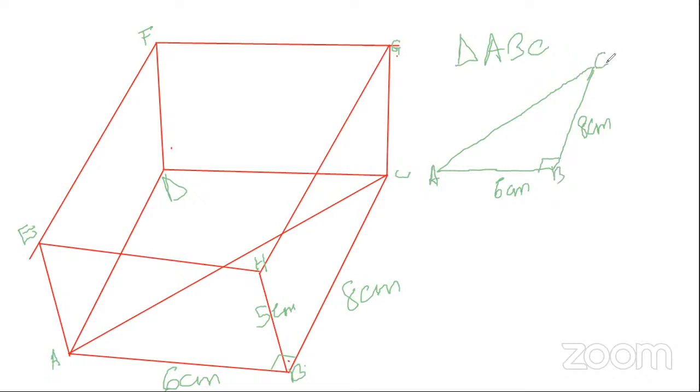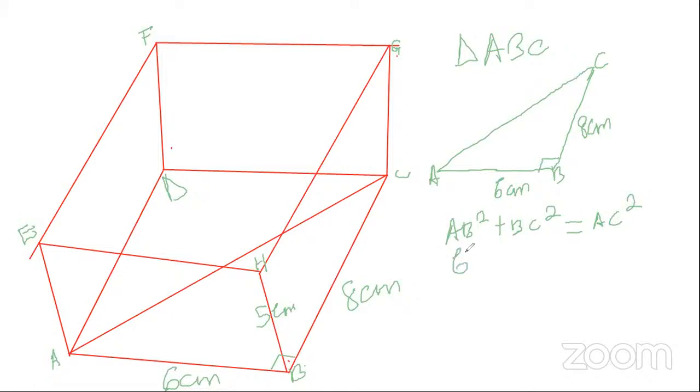So we are going to say AB squared plus BC squared, the short sides, is equal to the longest side squared, AC squared. Then we put in the values here.